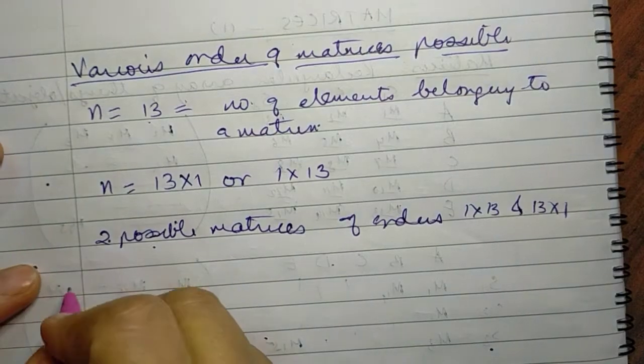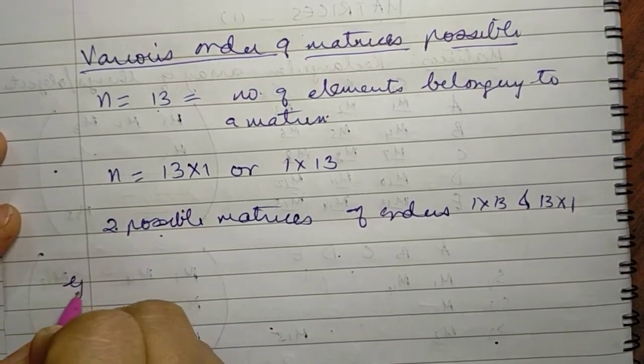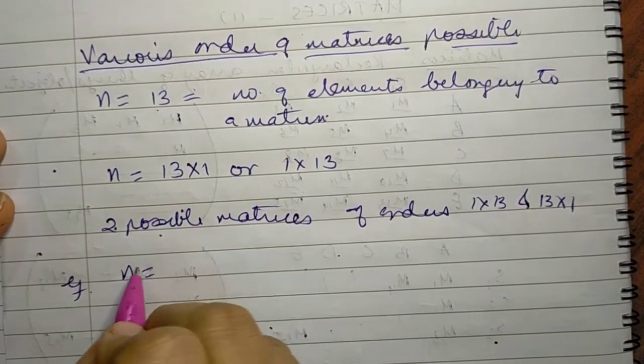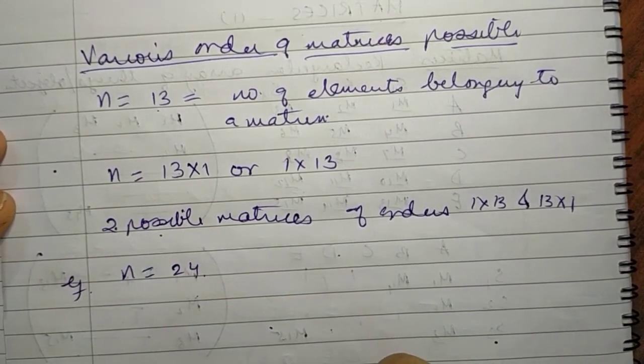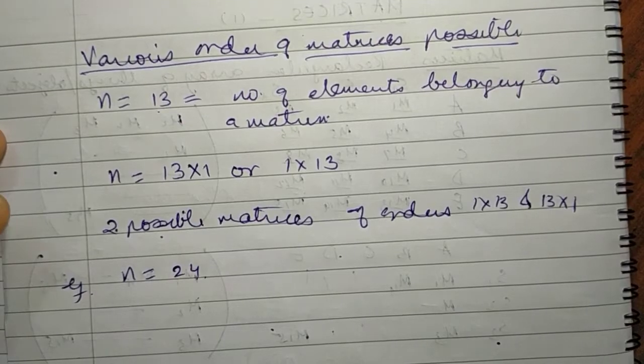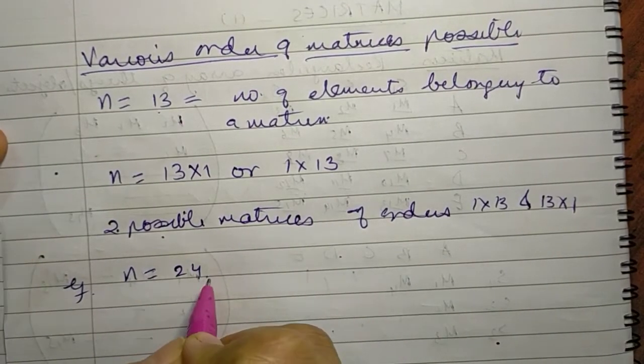Now same way, suppose the number of elements belonging to a matrix is given to be, let's say, 24. So first of all we will write all possible factors.